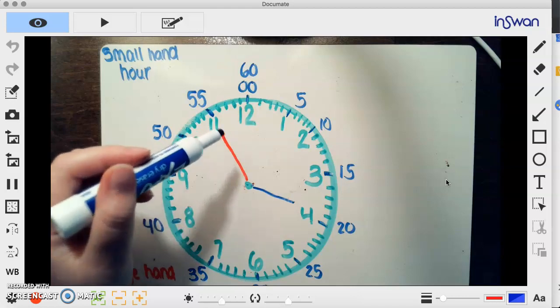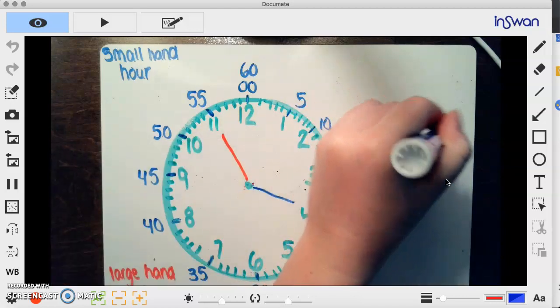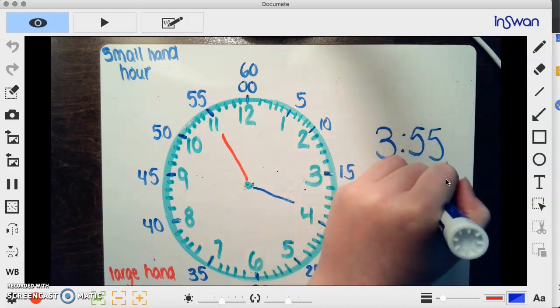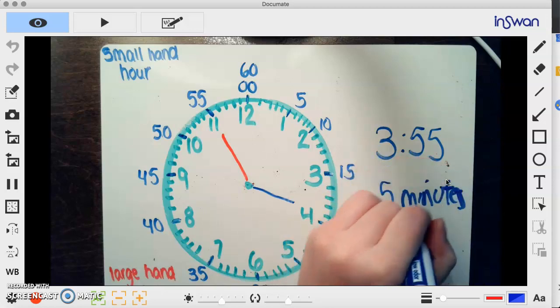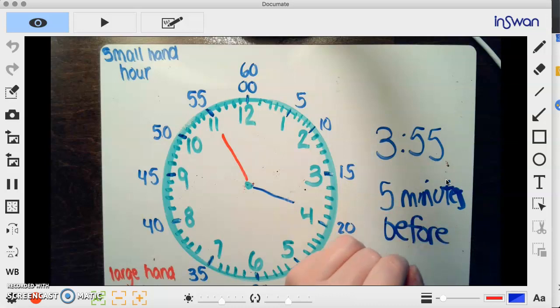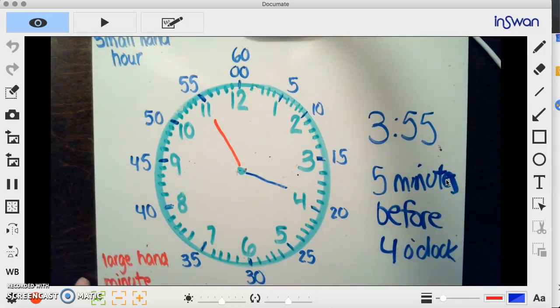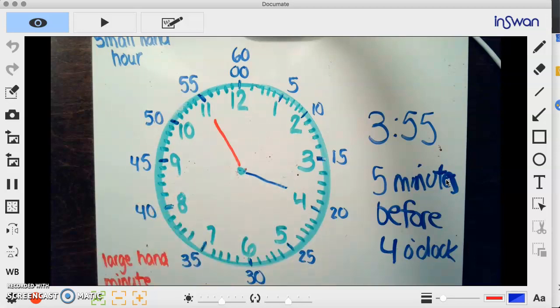So by the time it is almost 4 o'clock, which 3:55 is 5 minutes before 4, 5 minutes before 4 o'clock, then this hand would be almost to 4. So now it is correct.